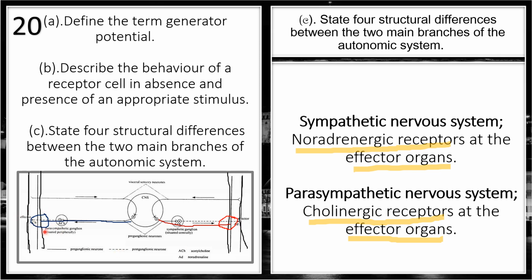Whereas the synapse of the parasympathetic to the effector releases a transmitter substance called acetylcholine, and therefore the effector has receptors which we call cholinergic receptors. They receive acetylcholine.